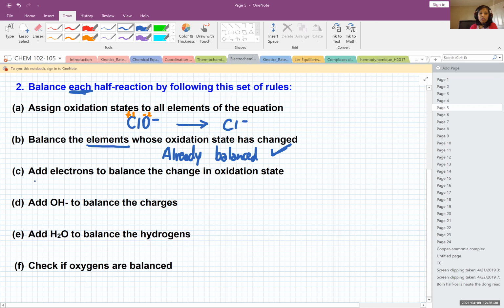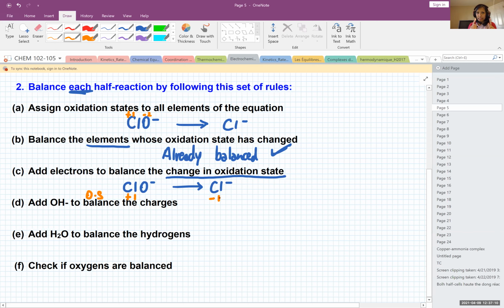Now, the next step is to add electrons in order to balance the change in oxidation state. I'm going to write this again: ClO minus giving me Cl minus. Now, I need to balance the change in oxidation state. As I said, we do not need to worry about oxygen here because it is only on one side of the equation. Chlorine is changing from an oxidation state of +1 to an oxidation state of -1.